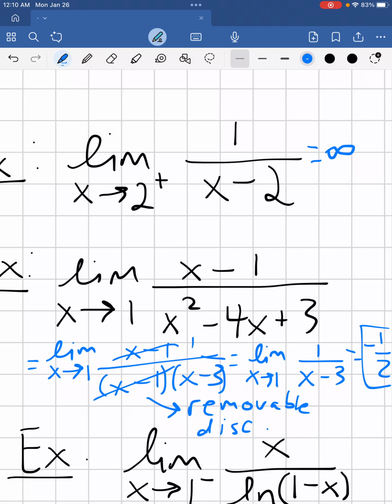Like in that first example, the denominator was becoming a very, very small positive number. Dividing 1 by a small positive number gives me a very big positive number. All right, so that's kind of the reasoning, the logic that you could use to evaluate some of these limits when you don't have a graph available.